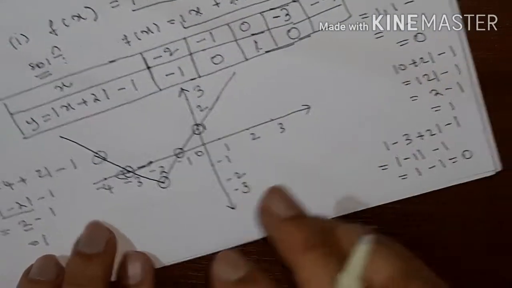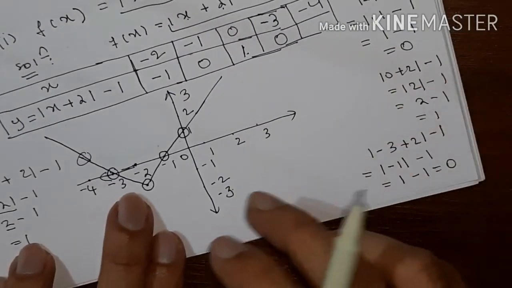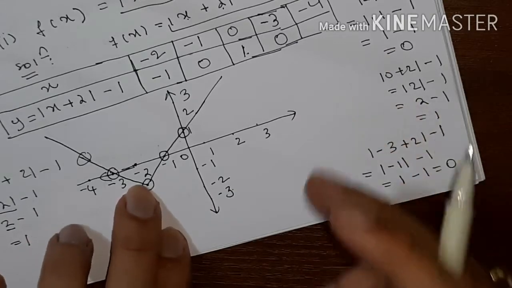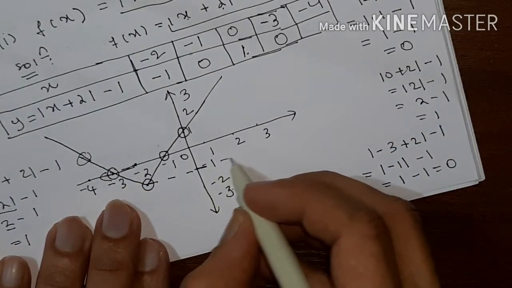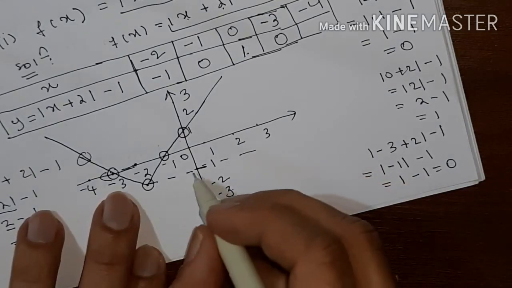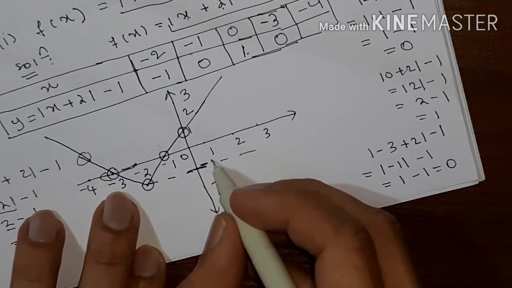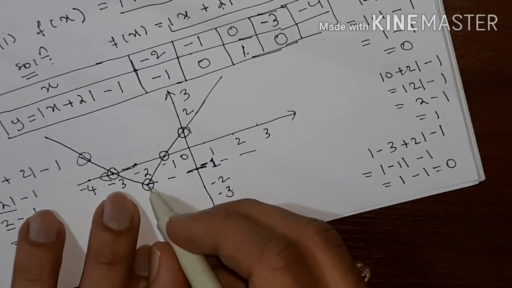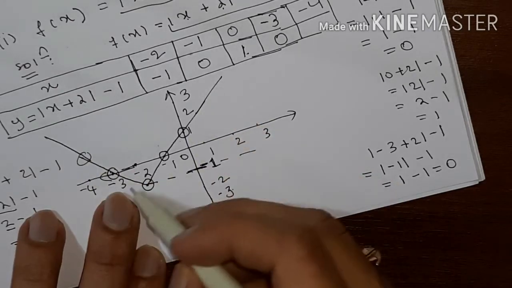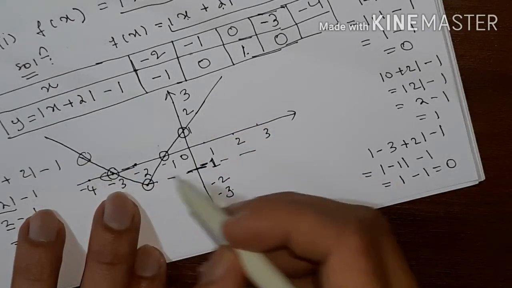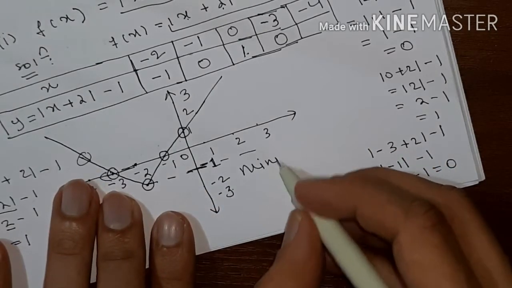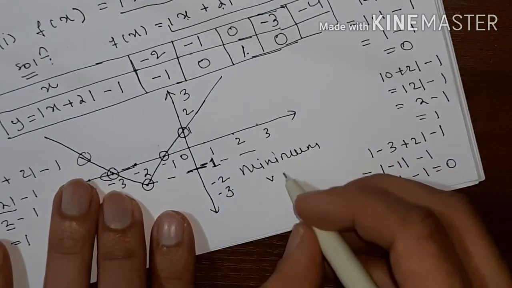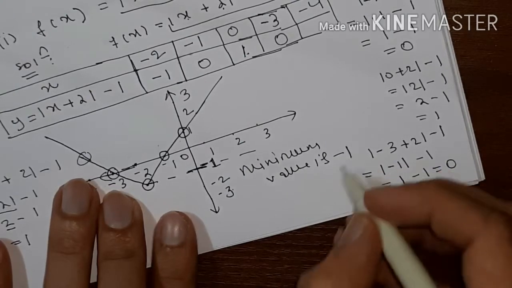Okay, now what is the minimum value you can see here? It is minus 1. Okay, this is minus 1 here. So this is the minimum value for the graph. All the values are greater than this, so the minimum value is minus 1.